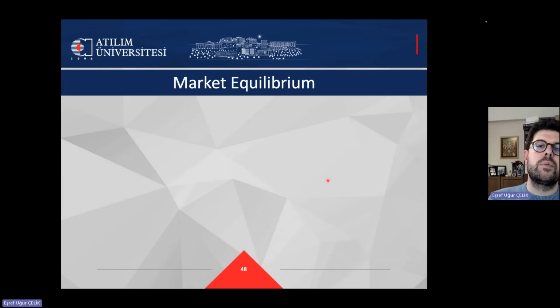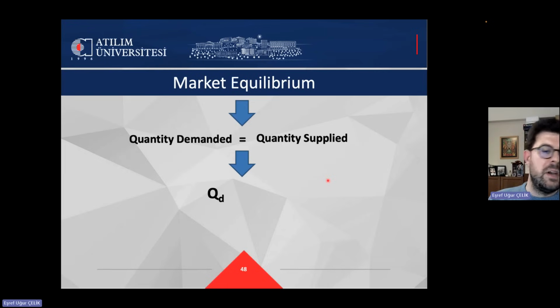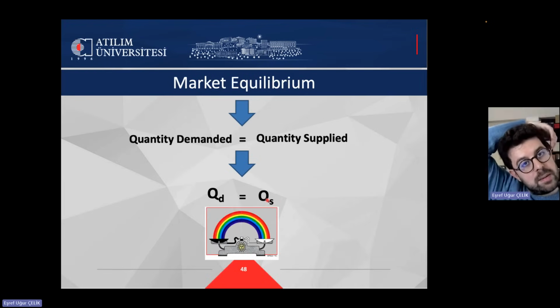Okay, let's put demand and supply together to get market equilibrium. When we put together quantity demanded and quantity supplied, we get market equilibrium on price and quantity. The quantity demanded is denoted with QD, quantity supplied with QS, and the intersection point of the demand and supply curves shows the market equilibrium.